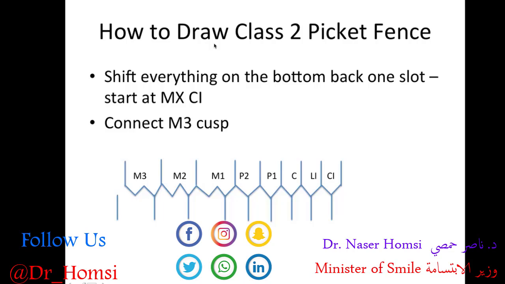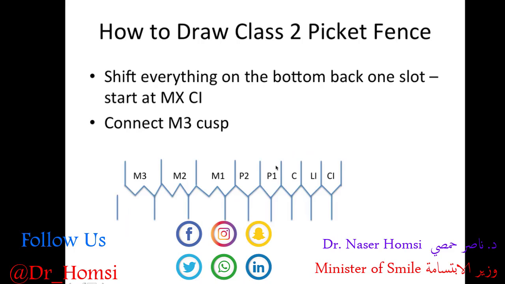Okay, you'll get some questions on occlusion of Angle's class 2. This is not too bad actually, because if you've drawn the picket fence, all you have to do is shift everything on the bottom back 1 slot.